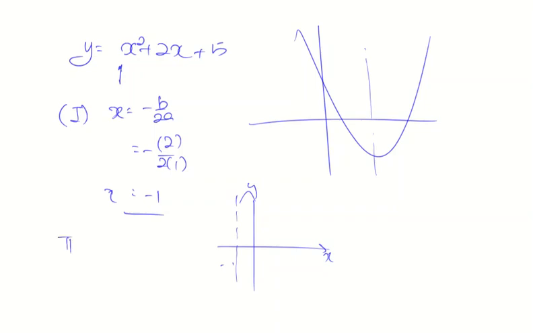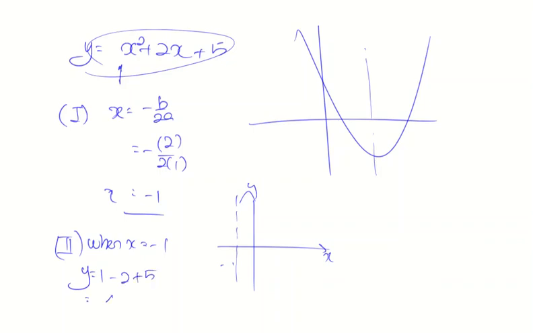Okay, step number 2. When x equals negative 1, y equals, put it in, 1 minus 2 plus 5, which is 4. So the minimum point is negative 1, negative 4. Okay, everybody?